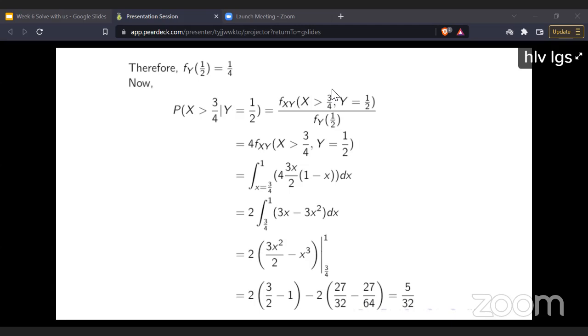So the numerator is giving me, similarly, if you find the marginal, you are fixing your y, and you are finding the area between the curve and the axis. The area under this curve that you get from Fy of y also gives you the probability.